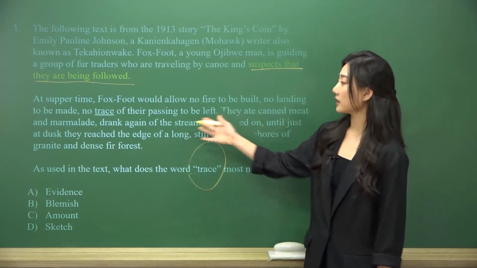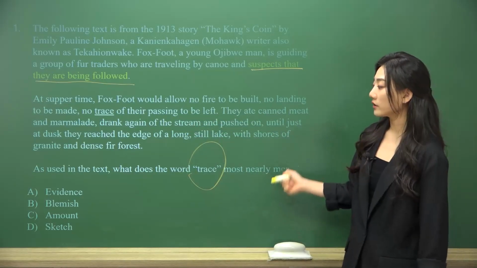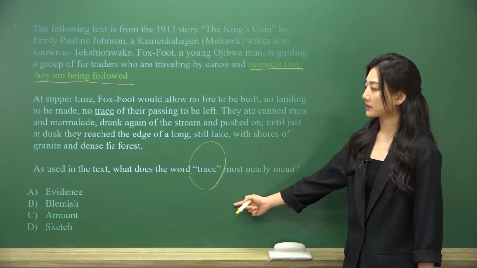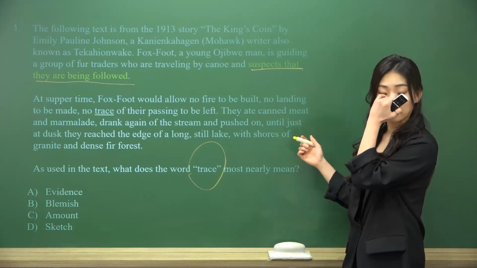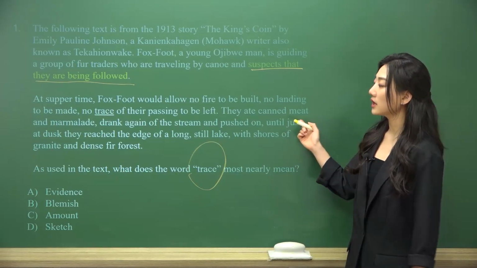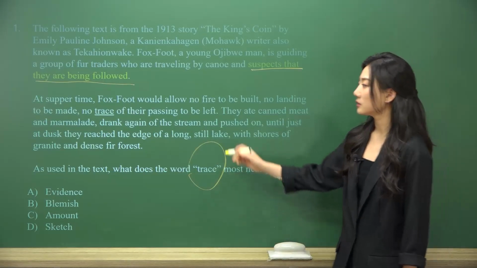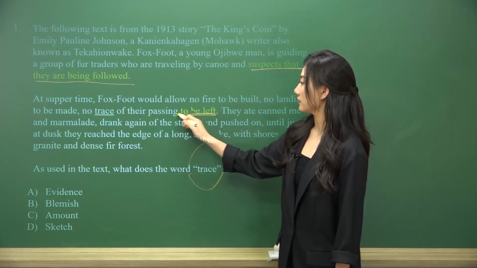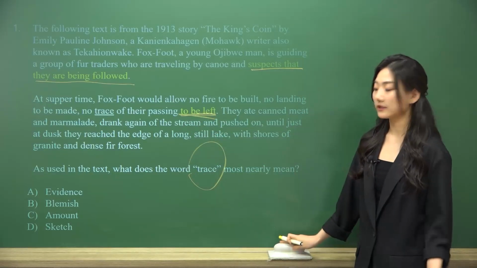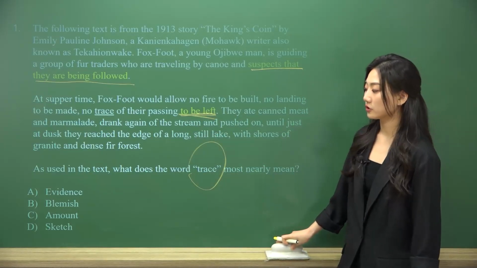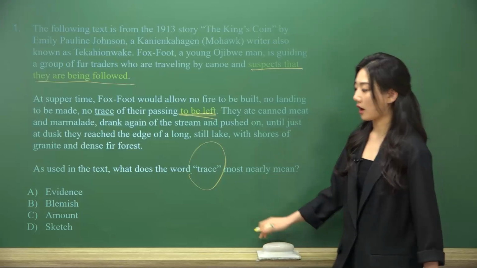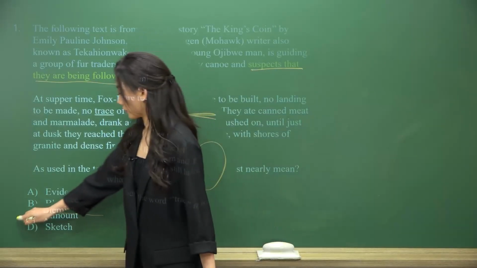So, trace of their passing to be left, whether it's evidence, blemish, amount, or sketch, there's not going to be a direct answer or a direct hint in the passage. Instead, we have to contextually understand what would be the best answer. So it says, to be left. Can evidence be left? Definitely. Can a blemish be left? Sure. Amount or sketch would not be correct contextually, for sure.